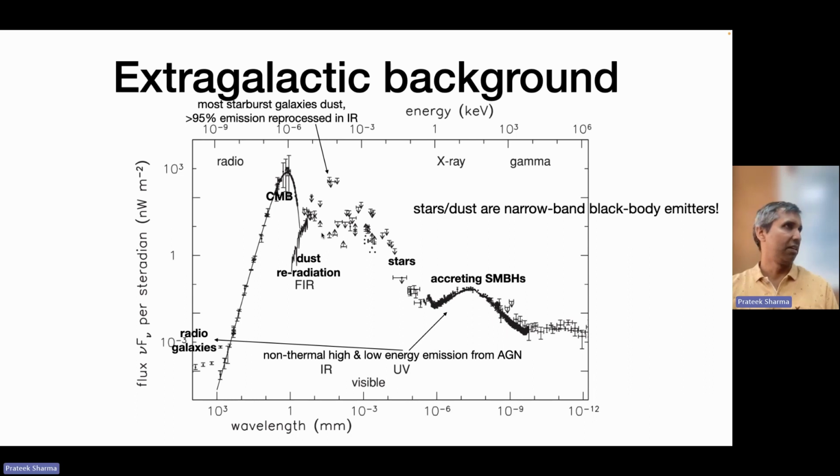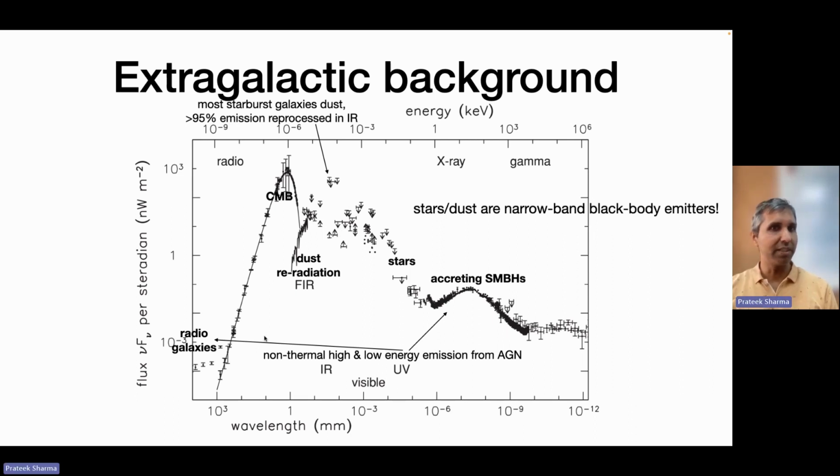Dust is here. Dust radiation is also thermal radiation. Dust particles are also black body emitters, essentially, and they just absorb light from the stars and, say, even quasars, and re-radiate it. So all the radiation from stellar processes is concentrated in this narrow wavelength range.